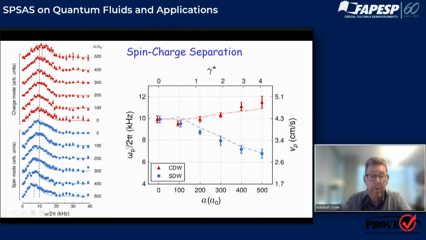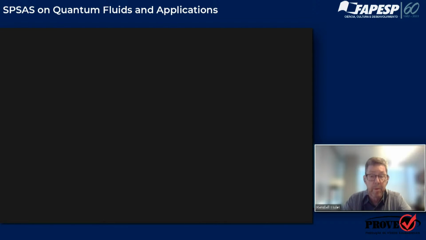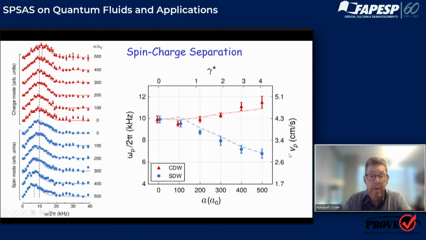And if you take the peak and plot that peak, omega p, which corresponds to a peak velocity, as a function of interaction strength, this is where the Feshbach resonance comes into play, because we can tune the s-wave scattering length to different values.